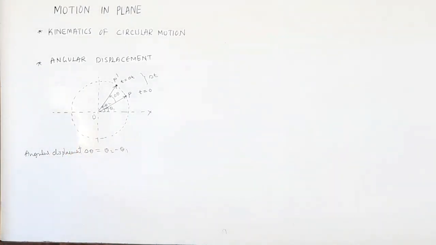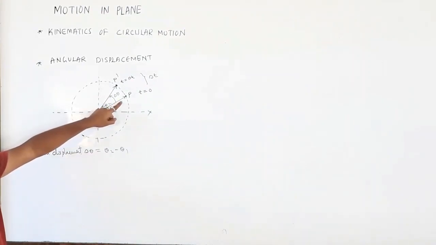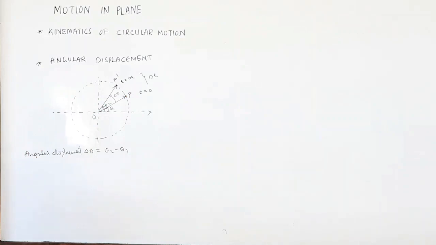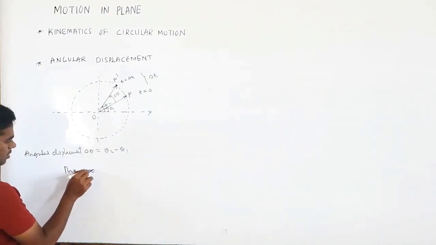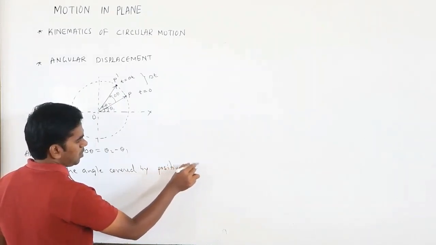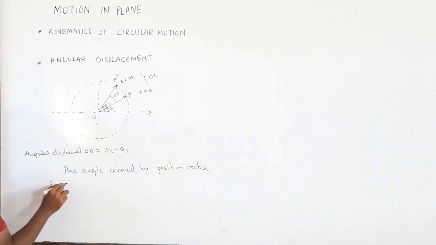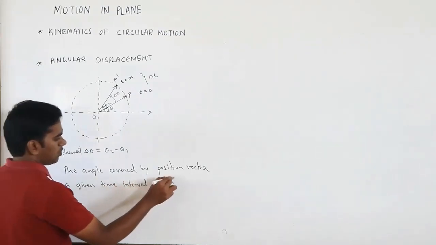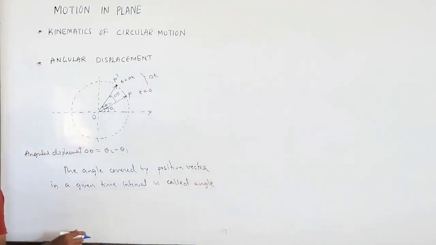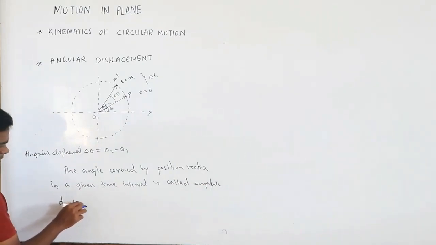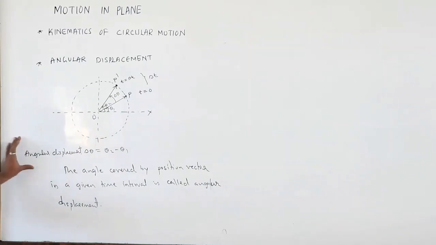So how can we define the angular displacement? It is the angle through which the position vector moves, the angle covered by the position vector in a given time interval, is called angular displacement.